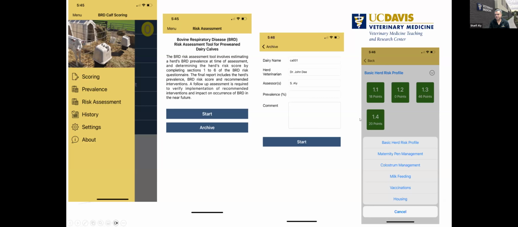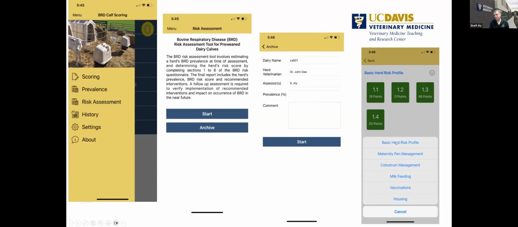If you click start, you'll get an option to start with the very first area of management, which is the basic herd risk profile. And once selecting that one, or if you're returning to the risk assessment, you don't have to worry about losing where you're at. You could continue to come to wherever you stopped, unlike in the prior version.